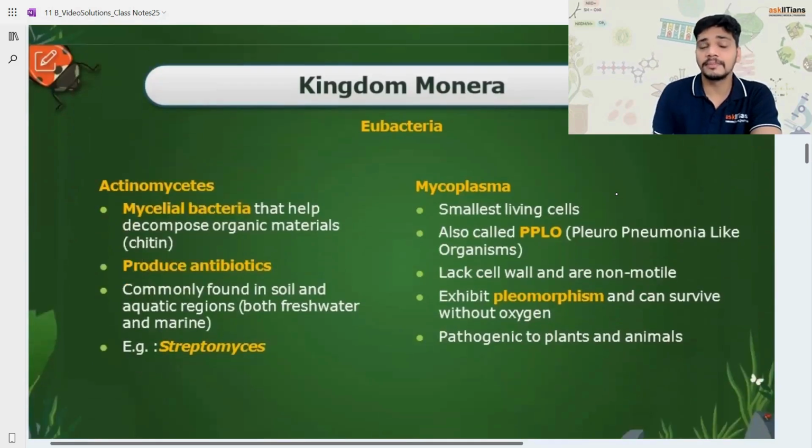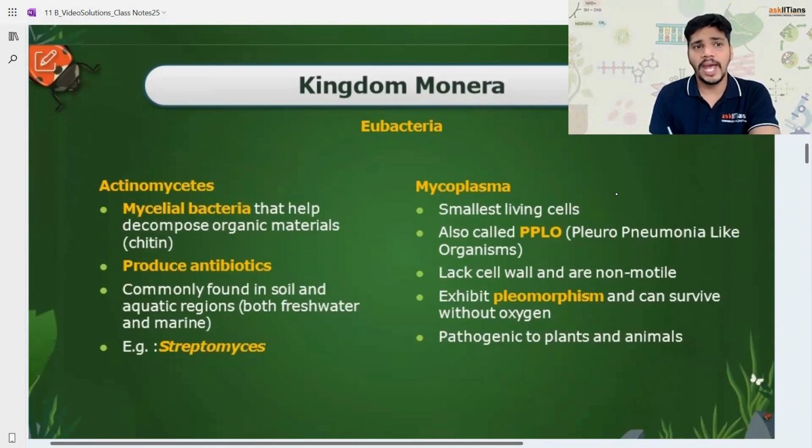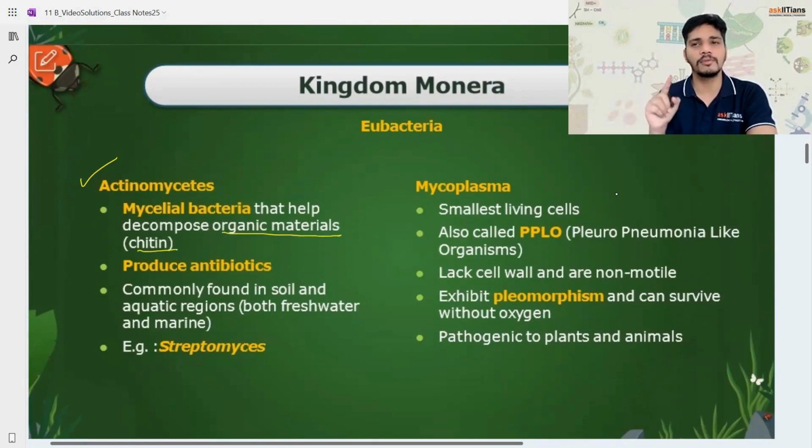Now there are some points remaining: actinomycetes and mycoplasma. Actinomycetes are mycelial bacteria that help in decomposing organic material, like chitin. Chitin is the material of the cell wall, right? These are the ones that help break down, disintegrate, and destroy it.